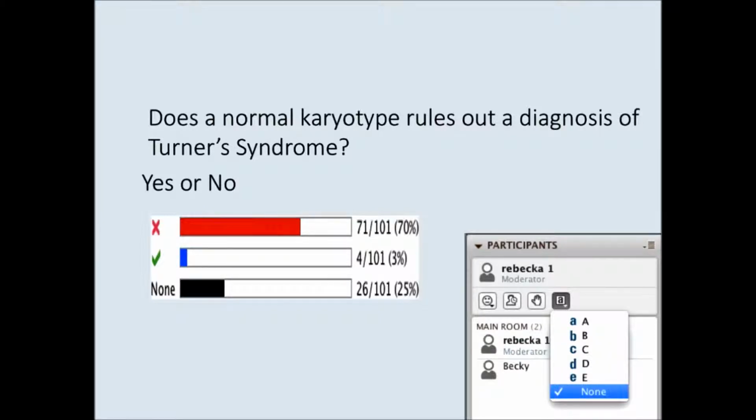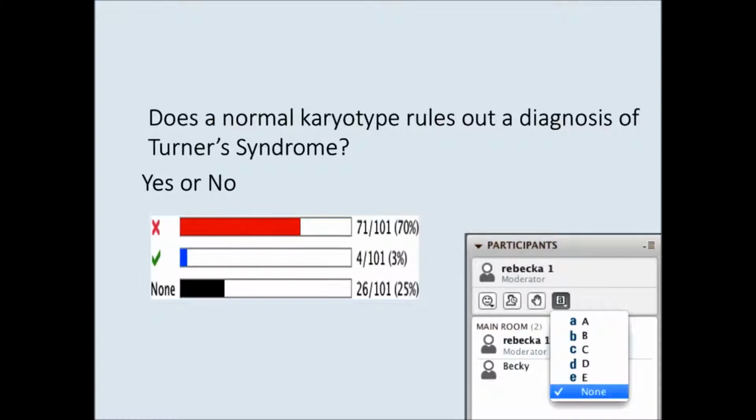Yeah. You guys are absolutely correct, and I think this is a really important concept to know as providers who are working with families who may be going through the process of evaluation, helping them make sure their understanding of the process is on target. With Turner syndrome in particular, you can have something called mosaicism.